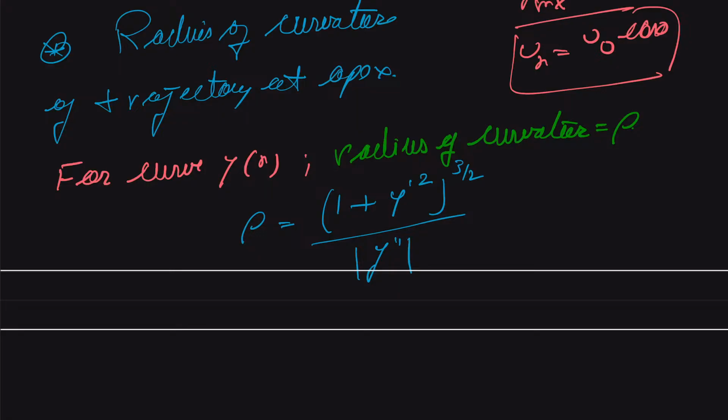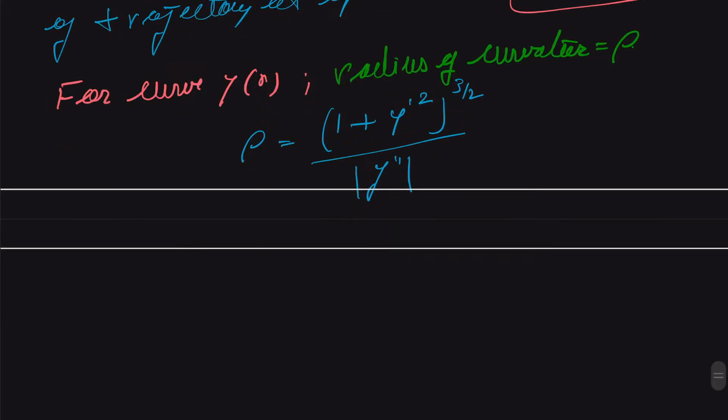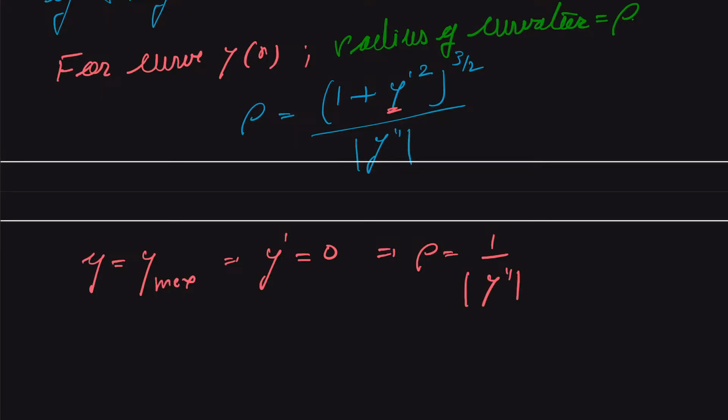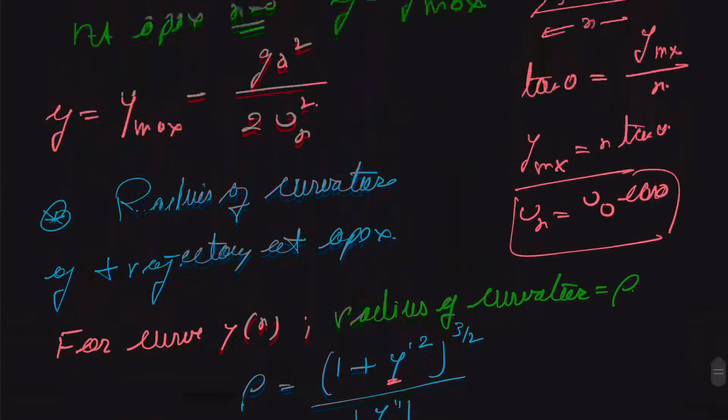And so let's find this y prime and y double prime. We already know that y is equal to y max, the maximum value of y. So it means y prime will be 0. And therefore the radius of curvature, if we substitute y prime equal to 0, we get this as 1 upon the magnitude of y double prime. And from the trajectory equation we can find our y double prime.